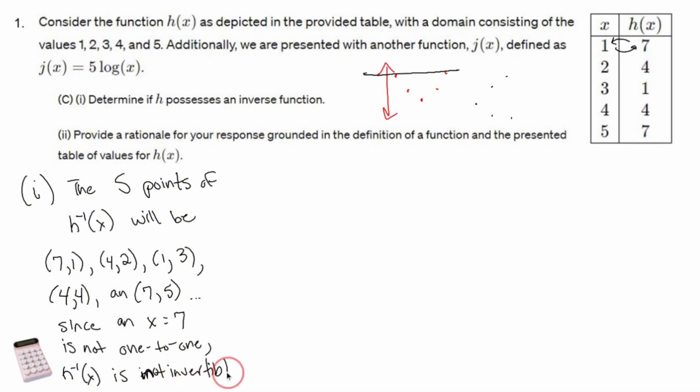So again, it's not good enough to say, I did the horizontal line test and it failed. You have to explain what it means for the horizontal line test to fail. 7 maps to 2 different numbers after I flip them. 7 maps to 1 and 7 maps to 5. A function cannot map to 2 different y values. Therefore, H inverse is not a function, which means it's not invertible.